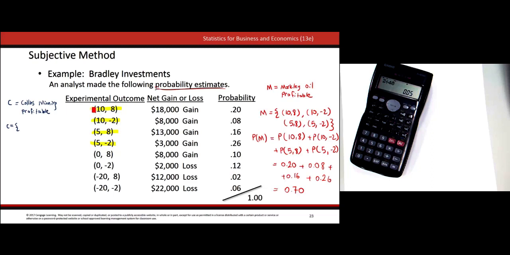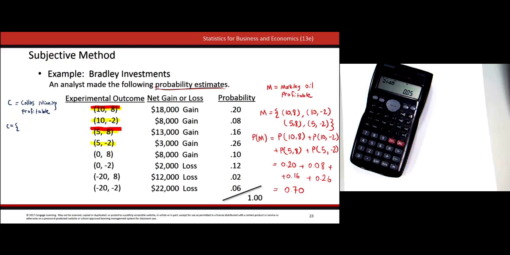This one, Collins is profitable. You are gaining 8,000 from Collins Mining. How about this one? 10, negative 2. You are losing 2,000 from Collins Mining. So Collins is not profitable.